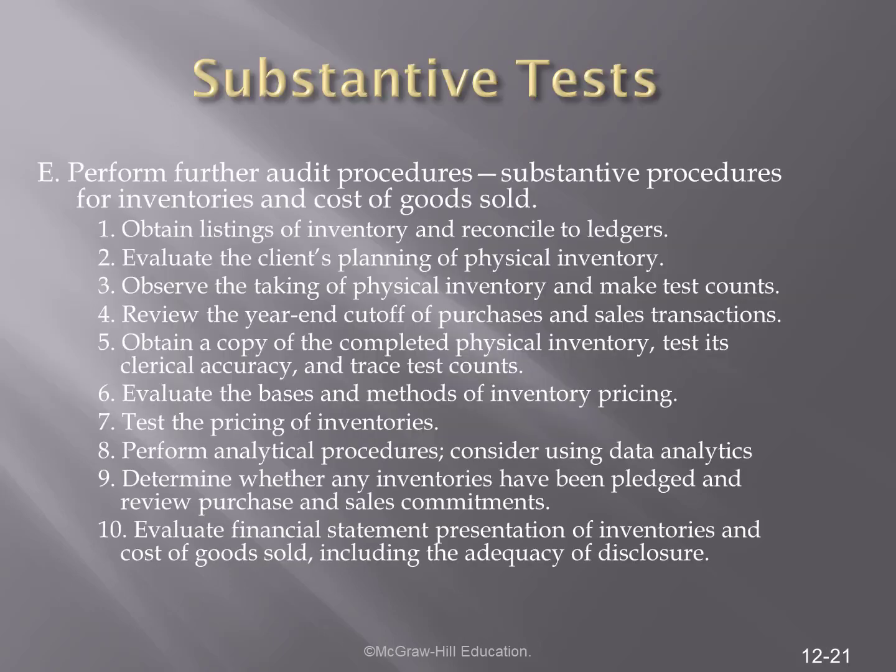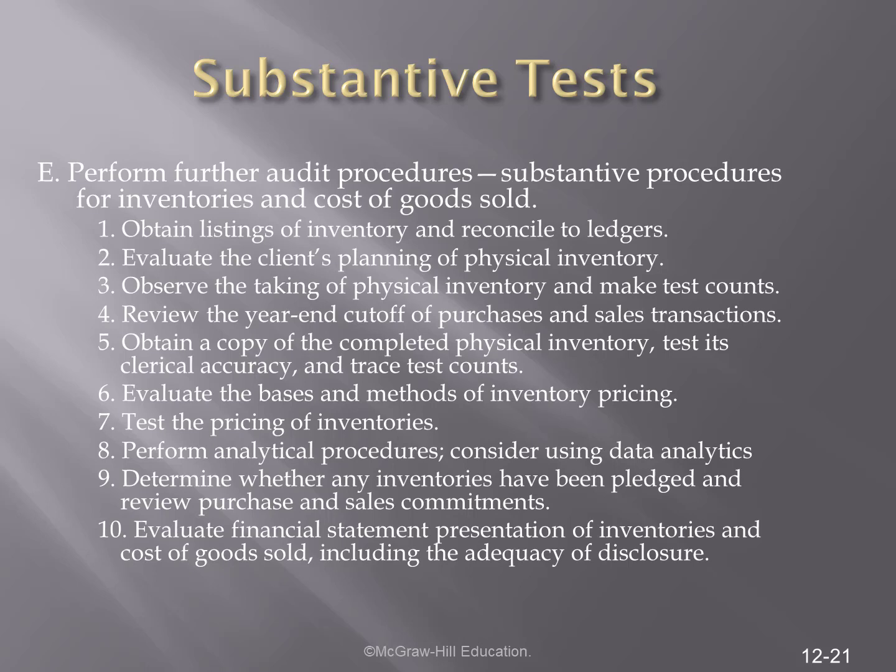Let's talk about some of the testing that we will complete as part of our substantive testing. Remember, substantive testing is where we measure monetary misstatement. Some of these substantive tests that we will complete includes reconciling the listing of inventory to our ledgers, the evaluation of the client's planning of physical inventory, an observation of the physical inventory, as well as making test counts.